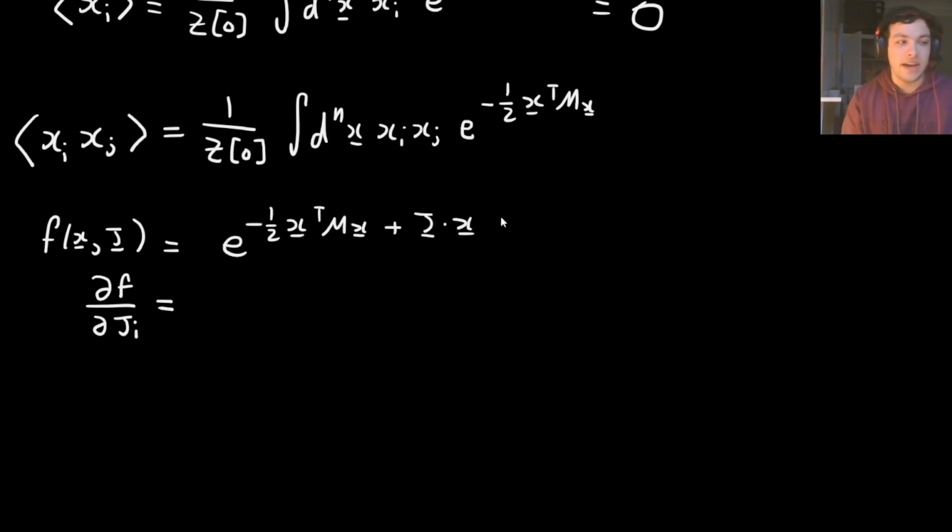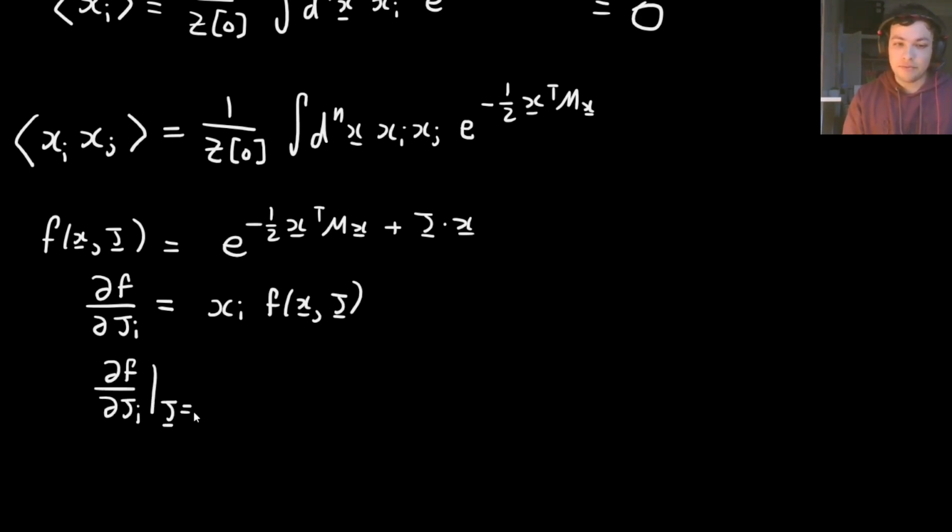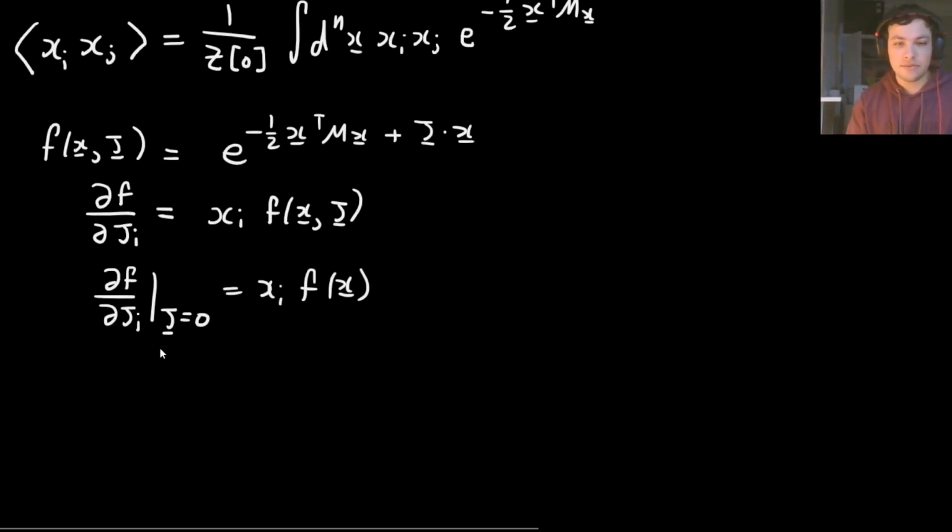It's got J_i x_i in the dot product, so it's x_i f(x, J). That's convenient because then that means that df by dJ_i evaluated at now J equals 0 is going to be x_i f(x) without the J, because we eliminate our J term, that just goes to 1, the e to the J dot x.